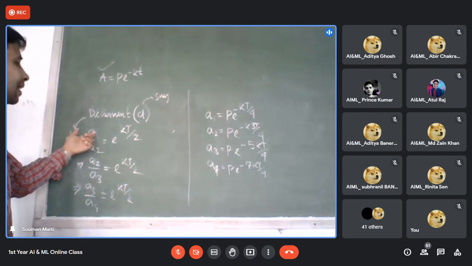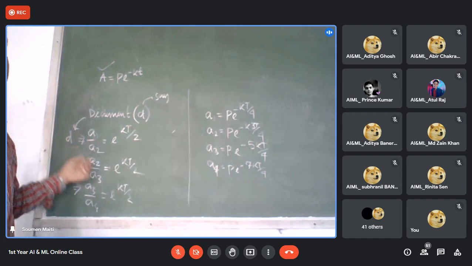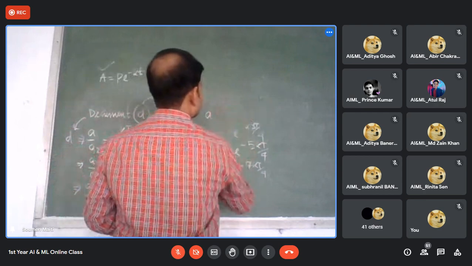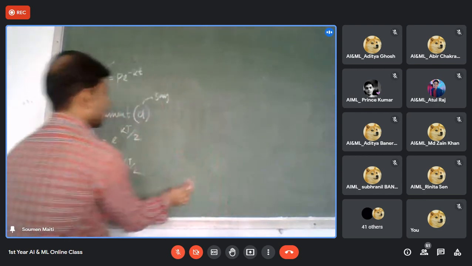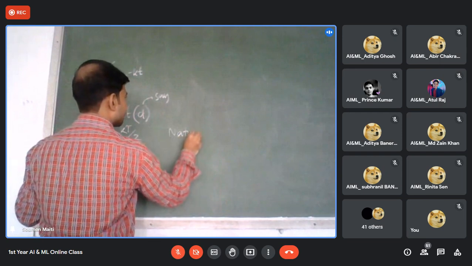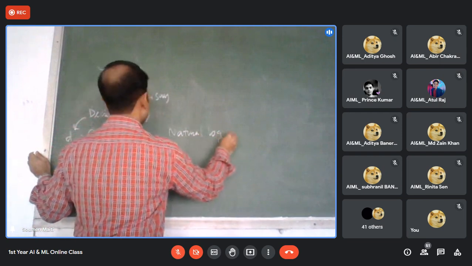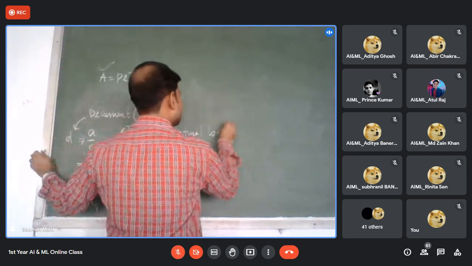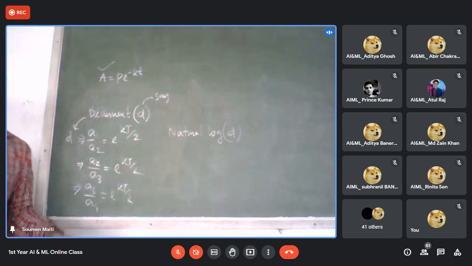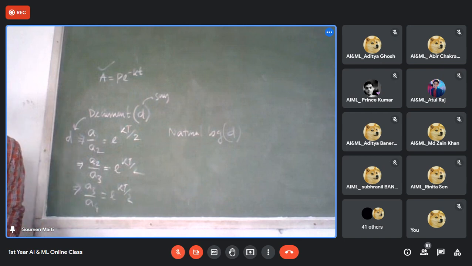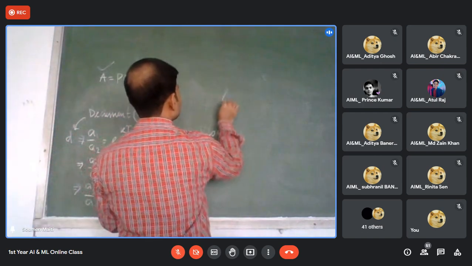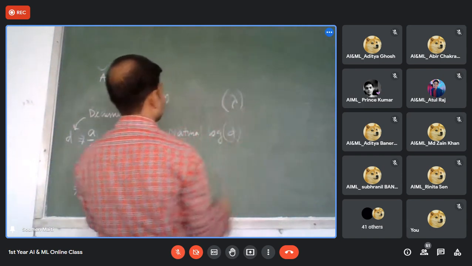So if I take the natural log, ln, of this decrement, it will be the logarithmic decrement, and it is sometimes expressed in terms of lambda.